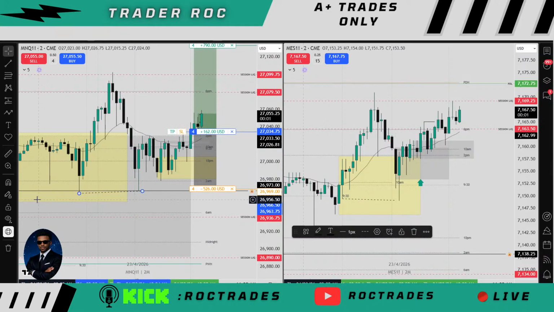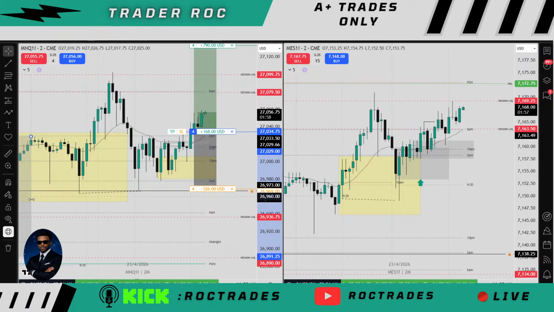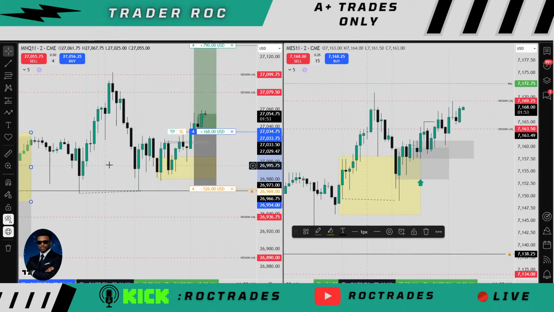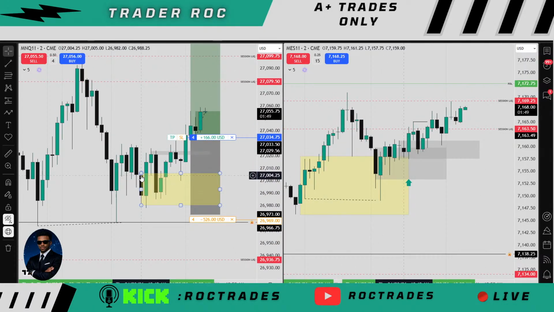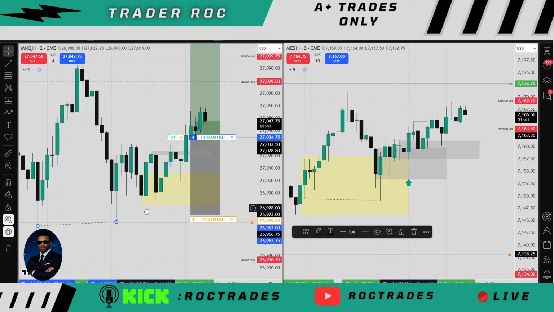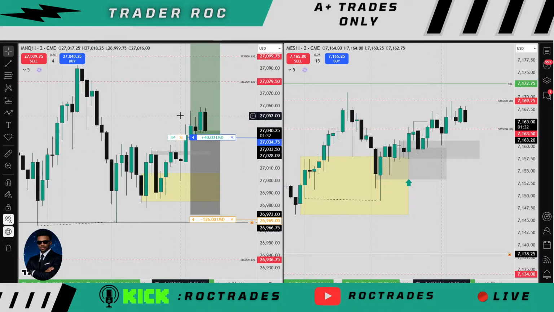If I move this gray zone over, kill the timestamps, you'll see that this down close candle was the first down close candle that made sense after this SMT. You see this move lower, price sweeps the low, gives you a nice move off of that bearish candle, retest, and just completely gets up out of there.